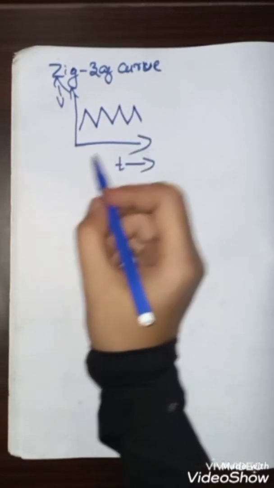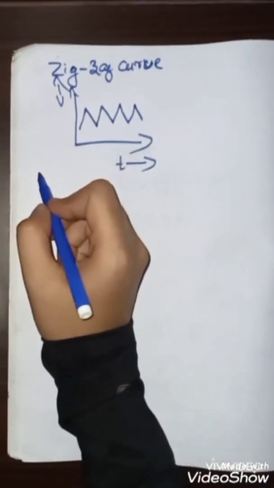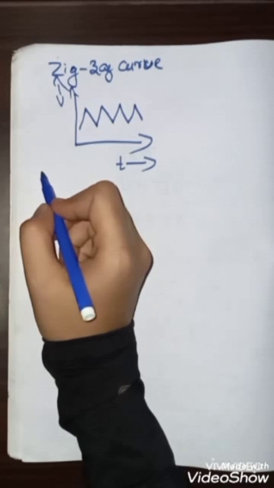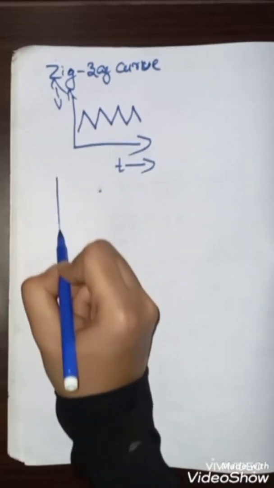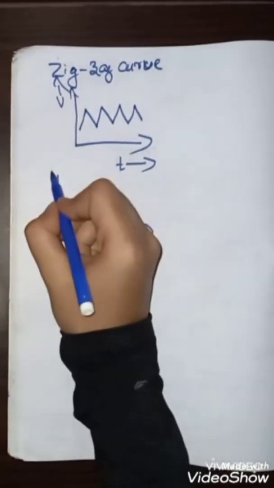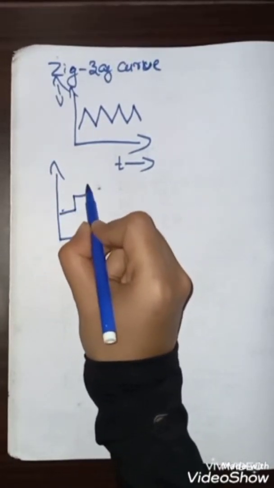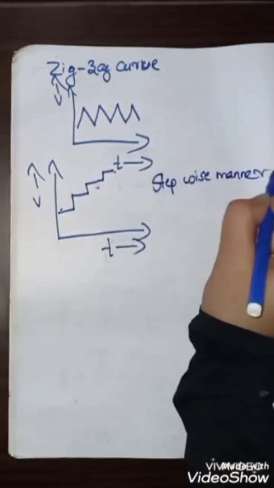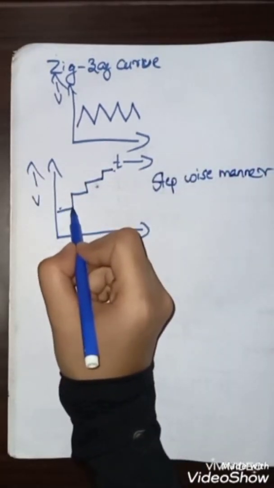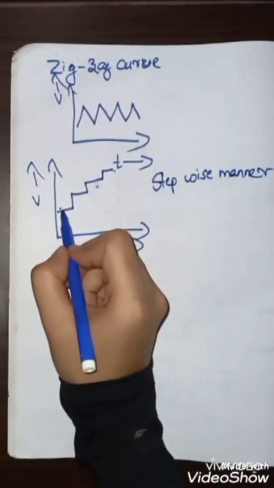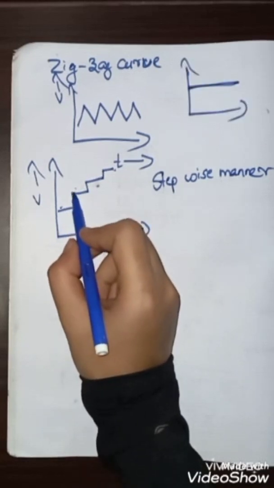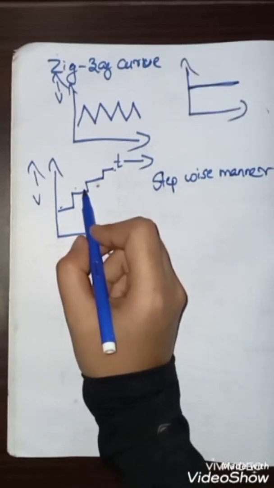Then there is another velocity time graph of non-uniform motion, that is the stepwise manner. That is like this, stepwise manner. First the acceleration is constant, the velocity increases, then again constant.